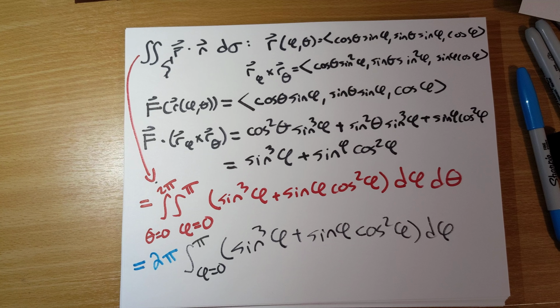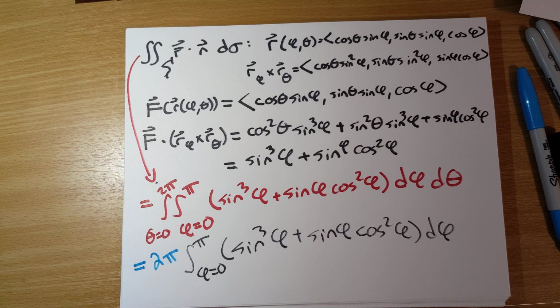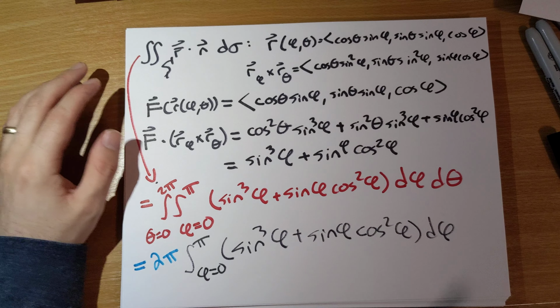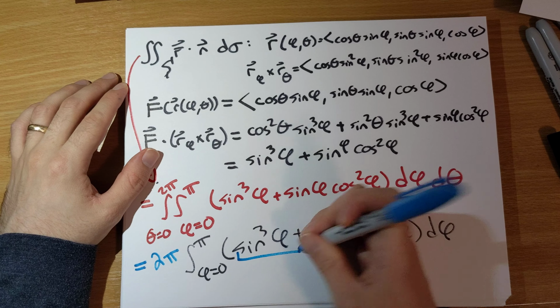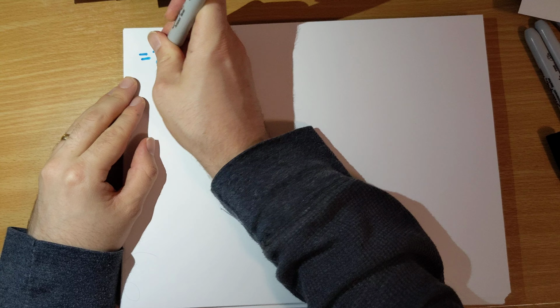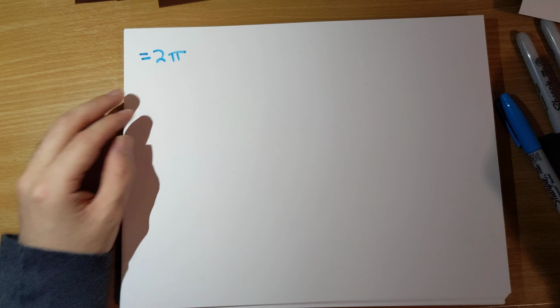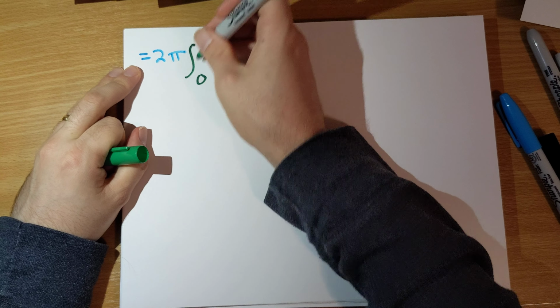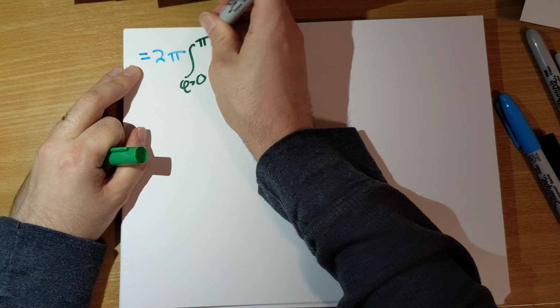And in the interest of time, I was going to skip over the details, but I think we can evaluate this. How am I going to evaluate this? I'm going to factor out a sine phi factor here. And magic is going to happen.